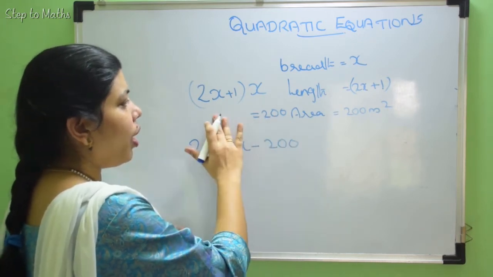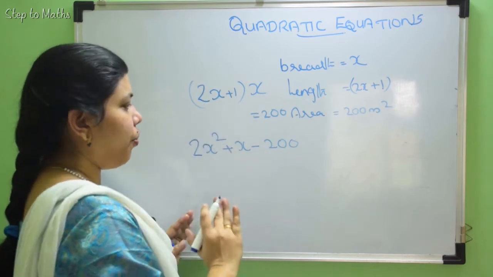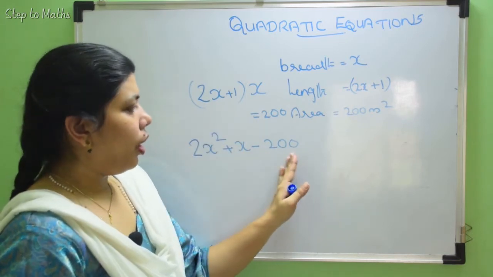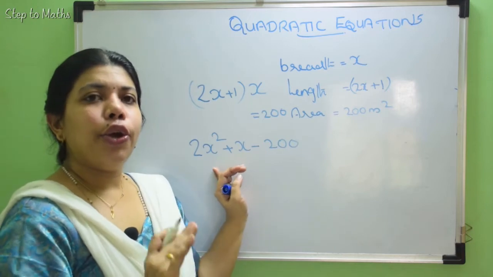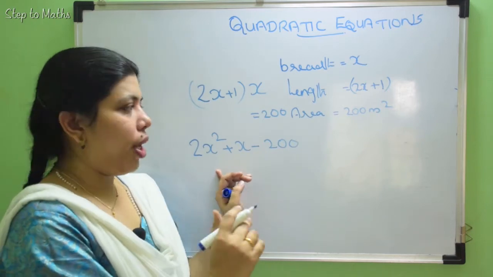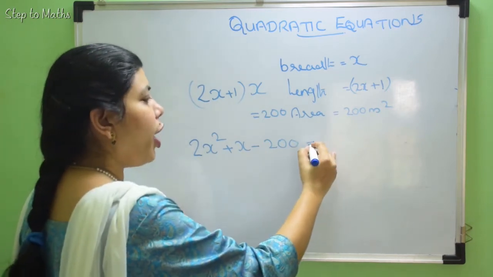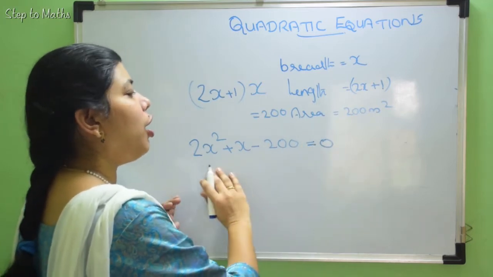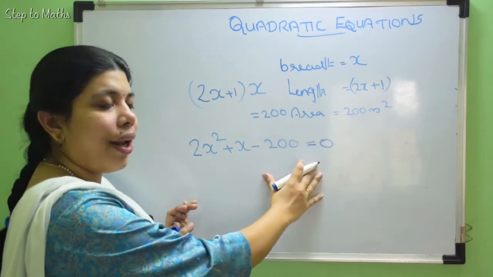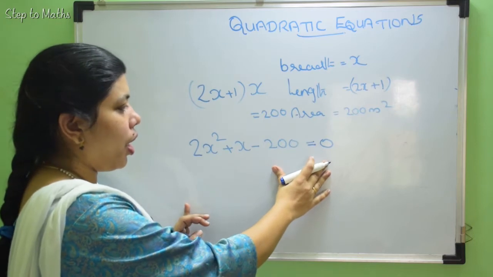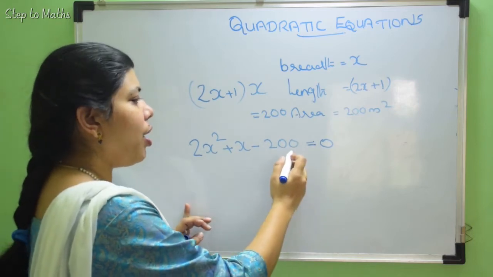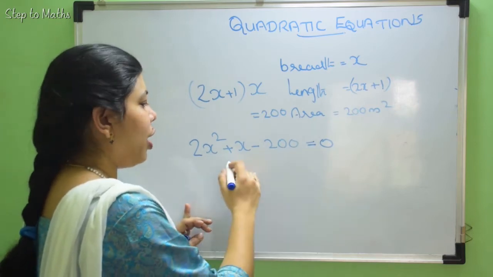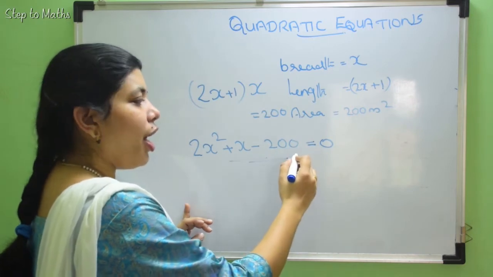Write the 200 on the LHS side. Now this is a quadratic polynomial. If we write equal to 0, it becomes a quadratic equation. When a quadratic polynomial is equated to 0, we get a quadratic equation.